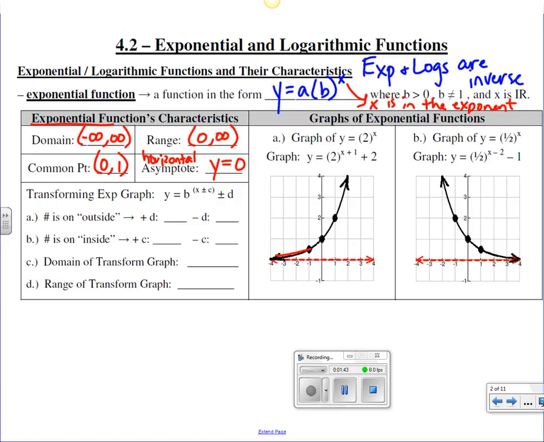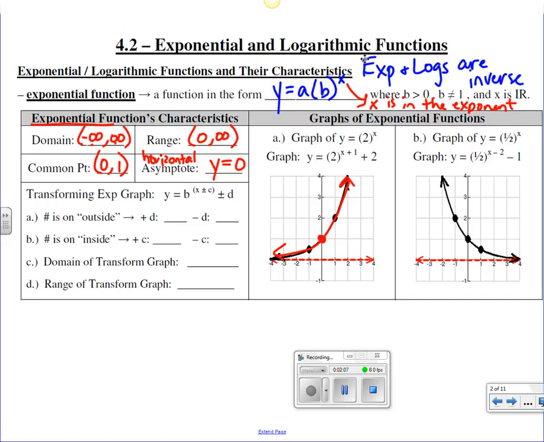As you can see, the domain is negative infinity to infinity. The range goes from 0, because it never crosses 0, to infinity. It goes through 0, 1, and the asymptote, a line that it never crosses, is at y equals 0.